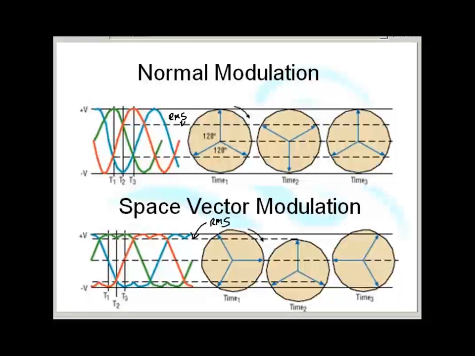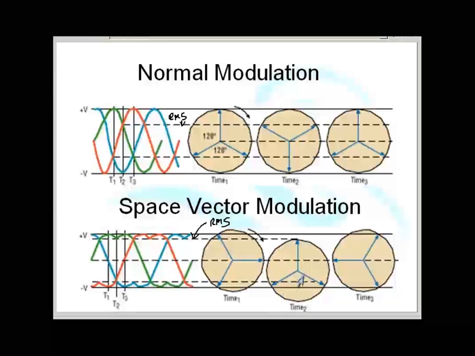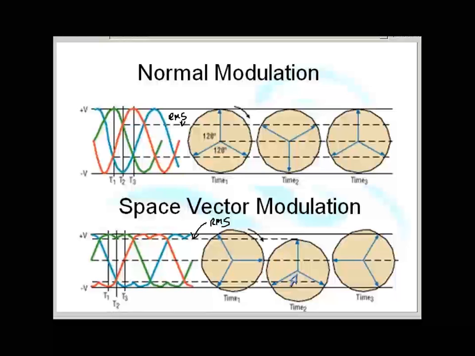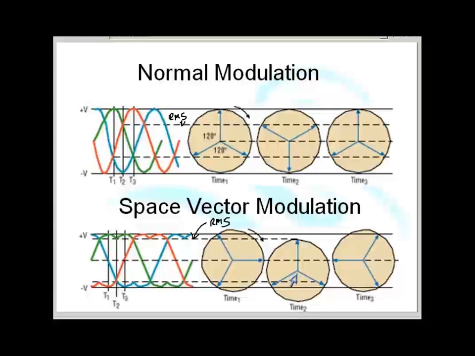The one slight downfall of this is that now the center point is occasionally not at 0 volts. If we take time 2, which is this line here, at this point here, the center point of the three phases is not 0 volts.